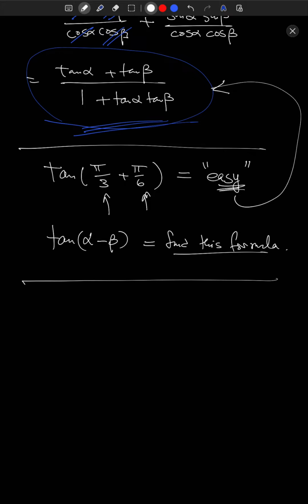All right. So that's pretty much it for this section. Maybe a fun exercise for you to see if you're comfortable with this is to try the same thing. What's cotangent of alpha plus beta? Can you figure out a nice formula for it? Can you actually write it in a nice way, just like we wrote the tangent identity in a very nice way?